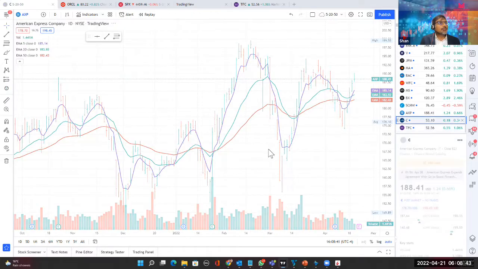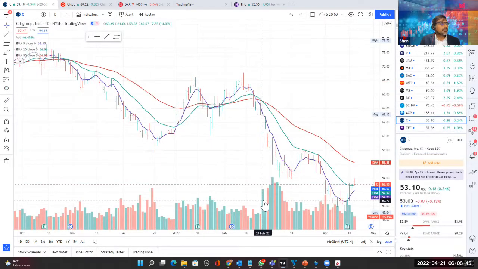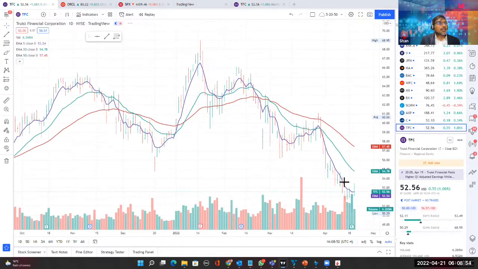I need to do some more analysis on that. Citigroup has been struggling for the last couple of years. And TFC is trading at 52.56 now. Again, that is also one of the lowest points there.